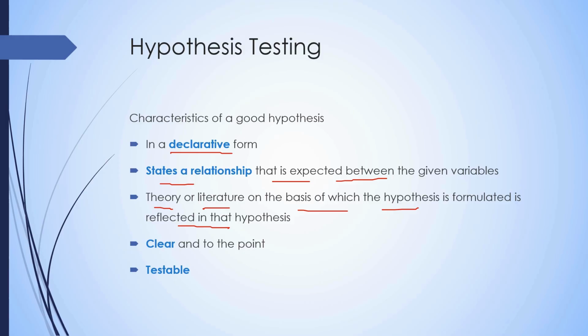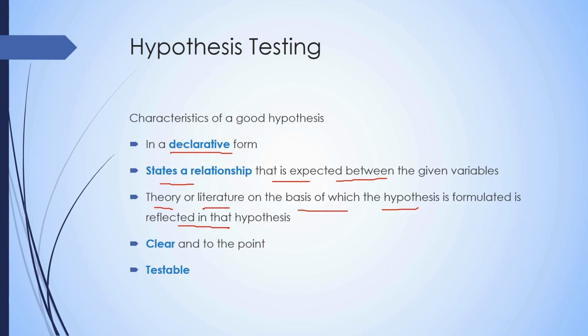Okay, so whatever your research wants to study or the theory that your research is trying to test or prove or disprove, it should be reflected in the hypothesis. For example, I want to study how motivation helps in class performance. So this should be reflected in my hypothesis. These two words, the key words, that is motivation and performance.